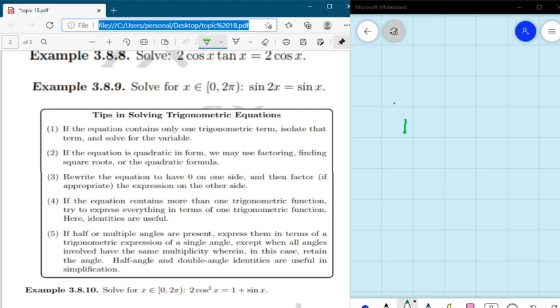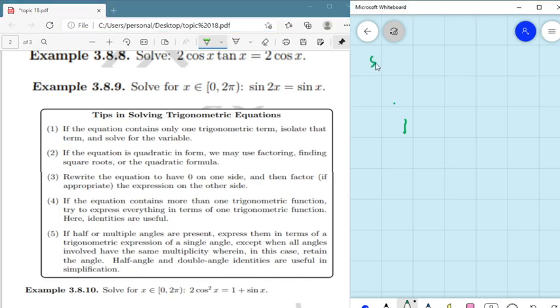Sine 2x equals sine x. So we have here sine 2x is equal to sine x. Then transposing this to the left side, sine 2x minus sine x is equal to 0.